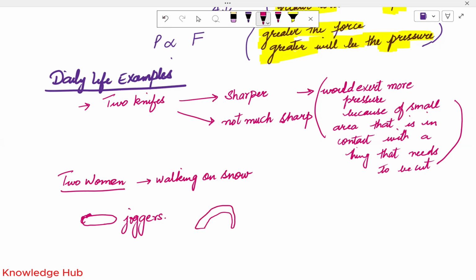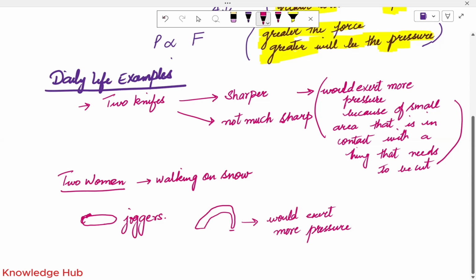So which is exerting more pressure? This heel would exert more pressure. And the reason is quite simple: because of its smaller area in contact with the snow.